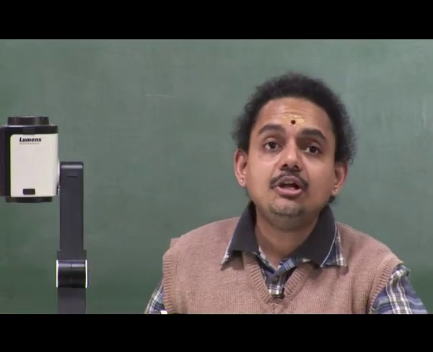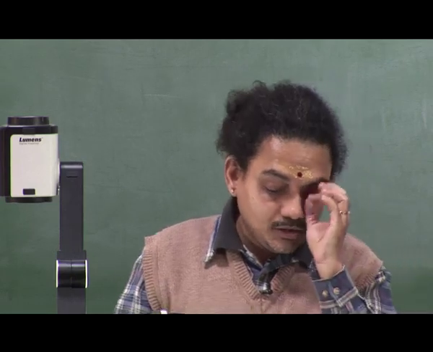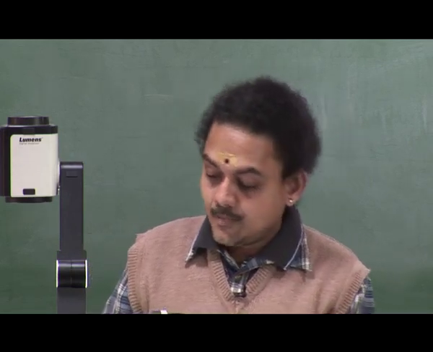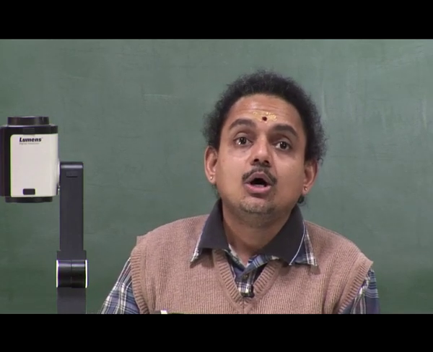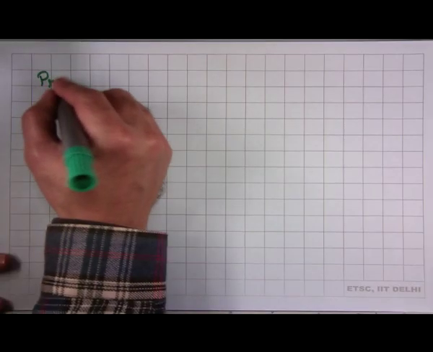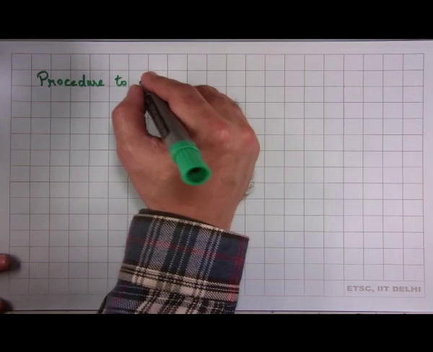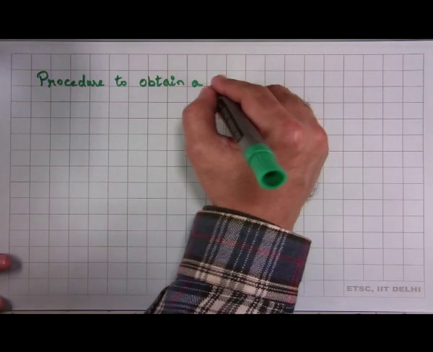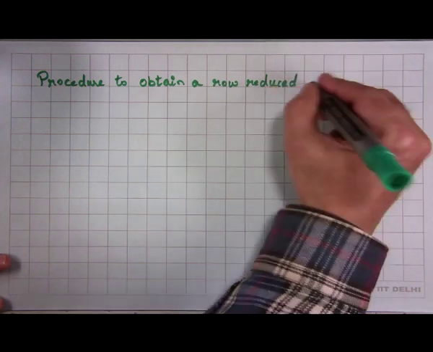So, these are the 3 elementary operations that we are going to perform to obtain what is known as the row echelon matrix. Now, what is the procedure that we will have to apply to get a row reduced echelon matrix from a given matrix?